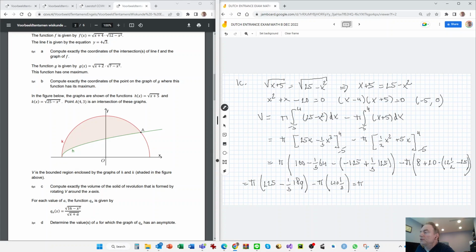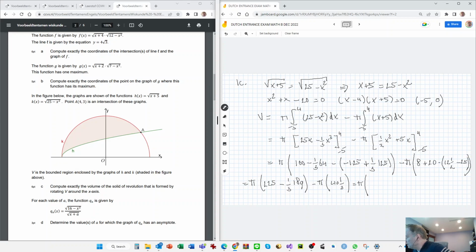Let's pull out this pi here. 198 divided by 3, guys. What's that? It's divisible by 3, so at least that's good, but okay. I have a calculator here, embarrassing.